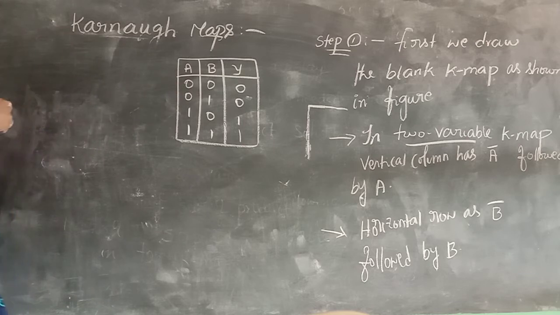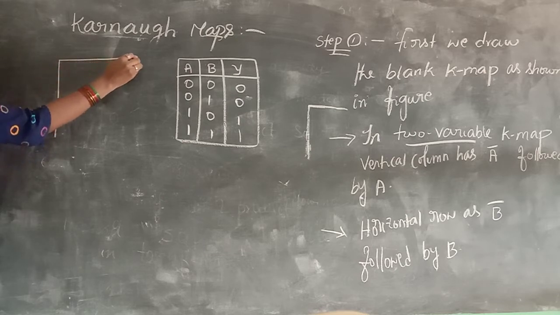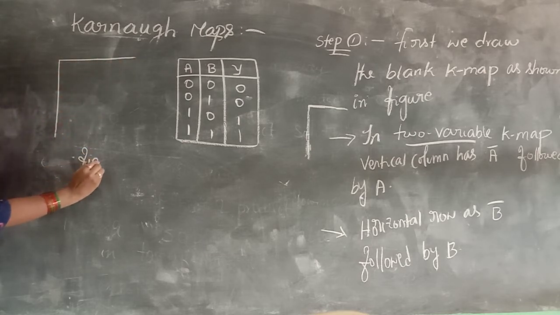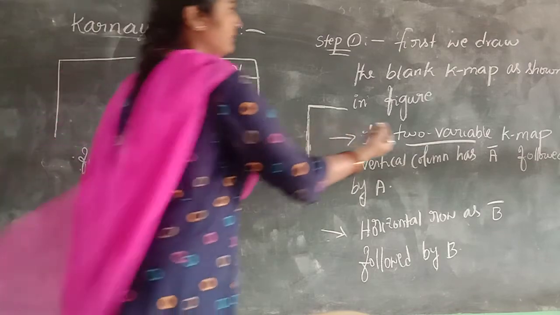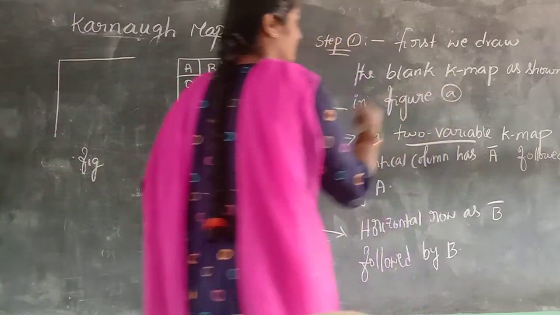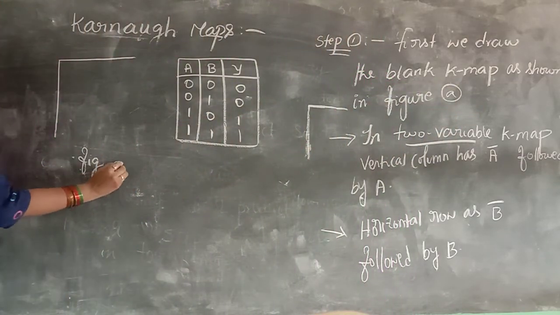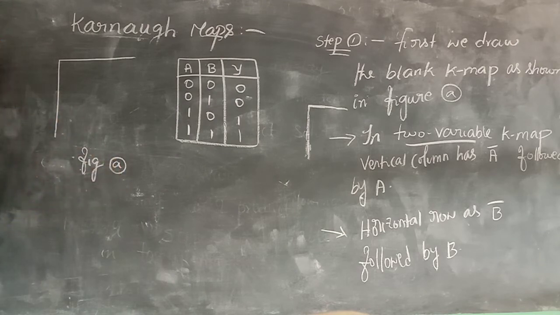For this logic, what is step 1? First you draw the blank K-map, let it be figure A. Like this, a vertical column and a horizontal row.